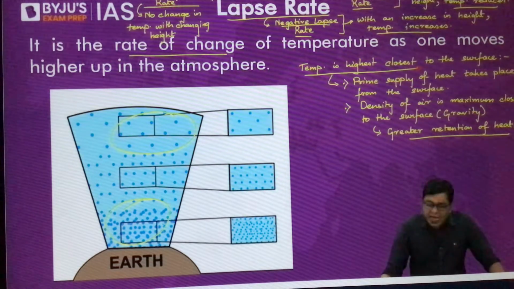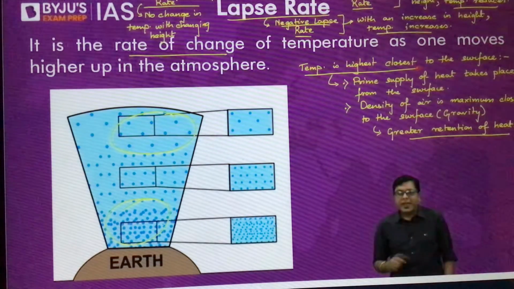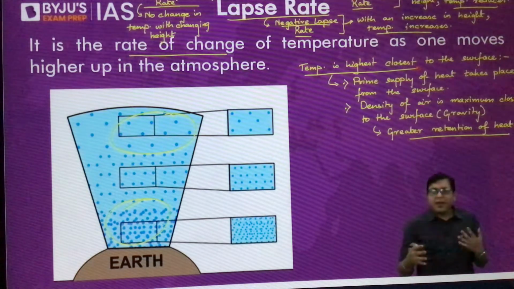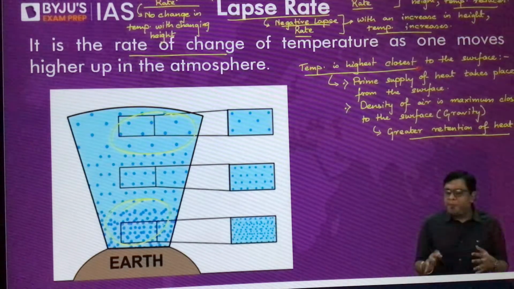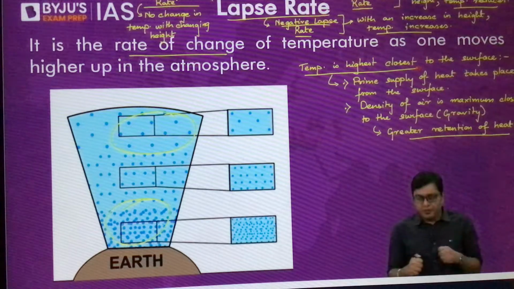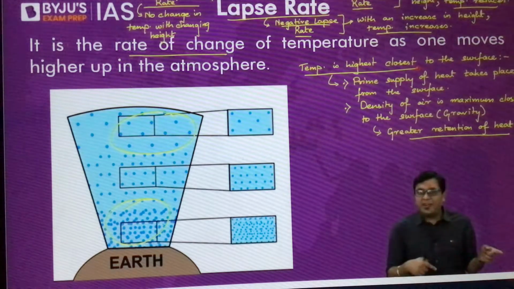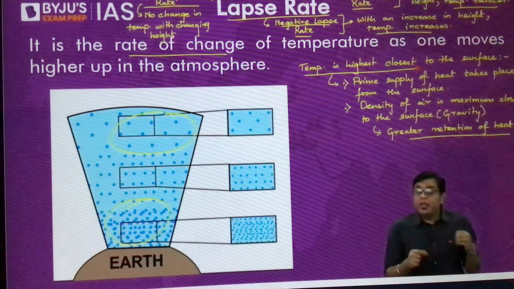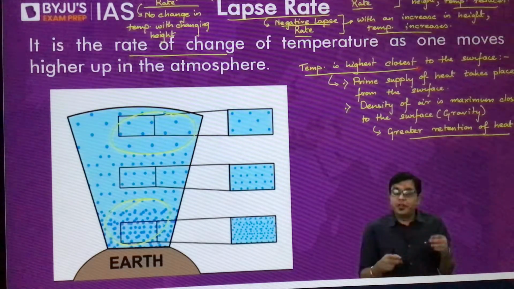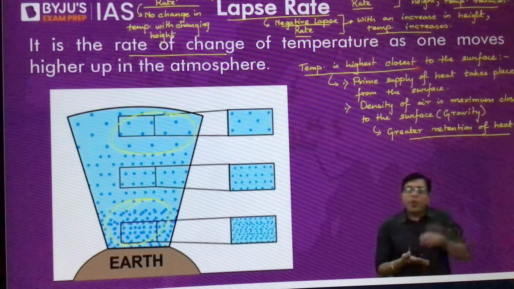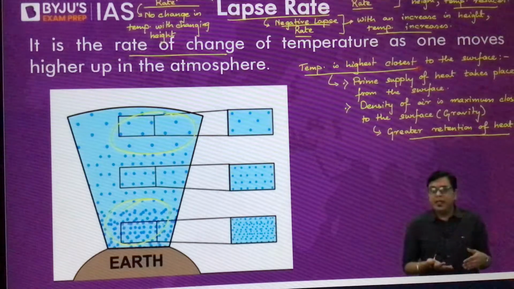Now, you have to understand that the various particles which are present play a significant role in retention of heat. Yesterday we looked at the aspect that water vapor is one of the important constituents of the atmosphere when it comes to retaining heat.